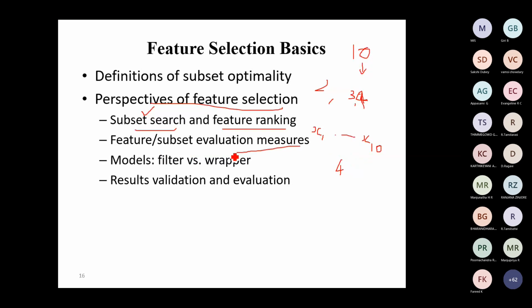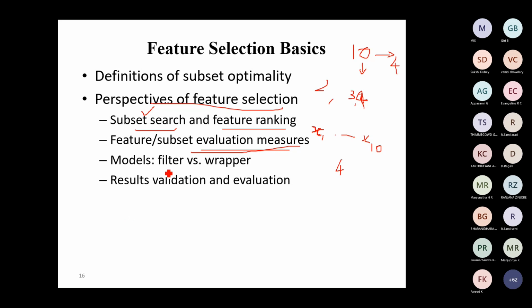To evaluate these, we have some evaluation measures. How do we identify which 4 features will be best among these 10 features, for any combination of 4? For that we have various evaluation measures, to identify the best features out of 10 when selecting 4.